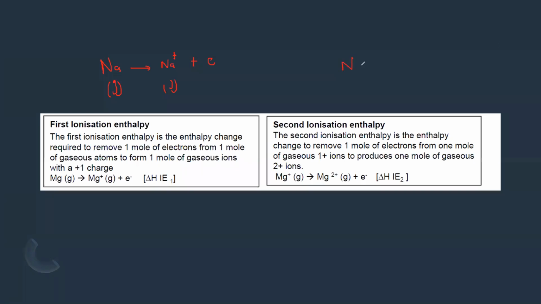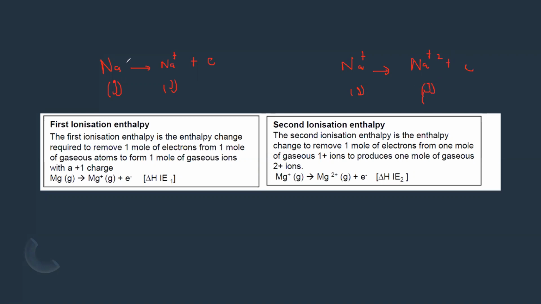But if we remove a second electron, with the sodium ion already there in a gaseous state, we supply more energy to remove an electron from the sodium ion so that it becomes +2 charged. So this is also known as the second ionization.